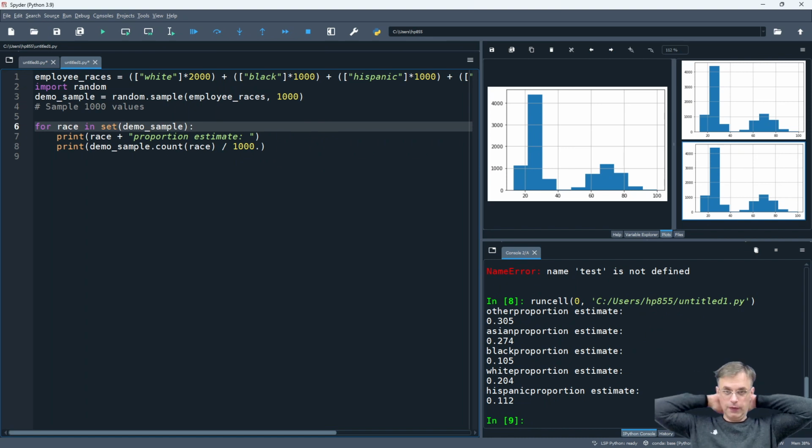So what we got is actually the race proportion estimates are very close to the underlying population's proportion. For example, we got 11.2% for Hispanic in our sample, and the population proportion was actually 10%.